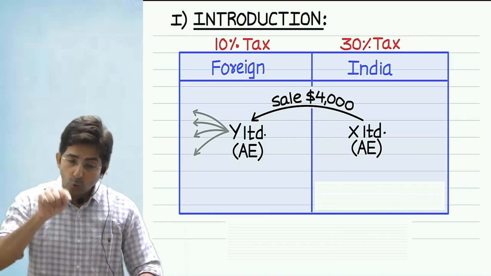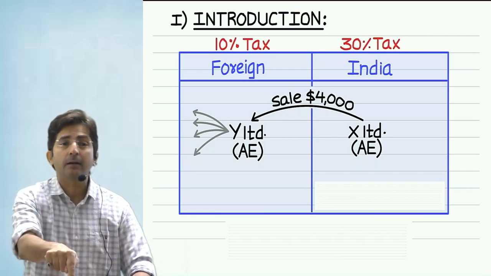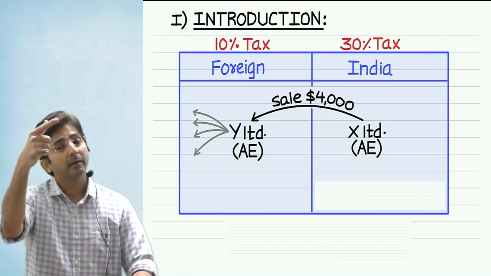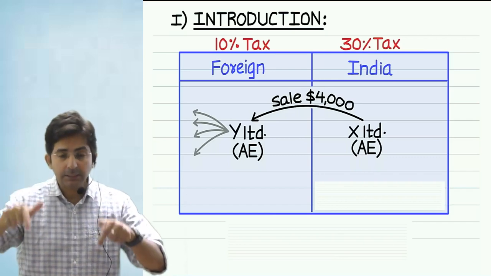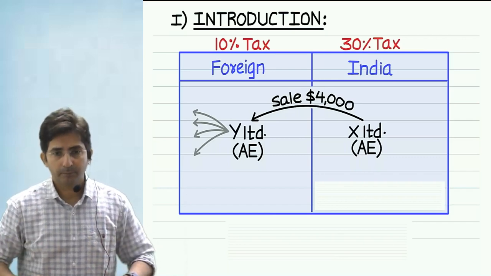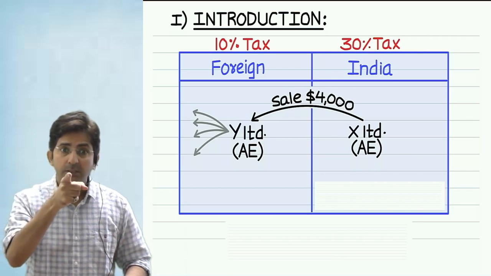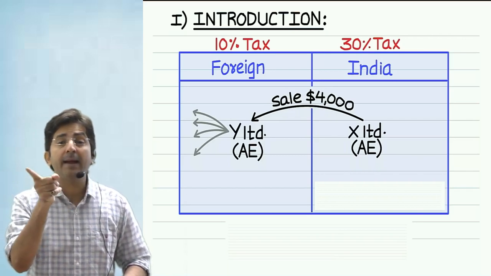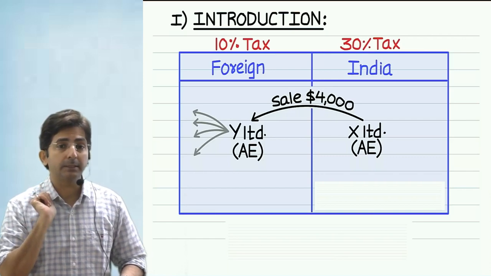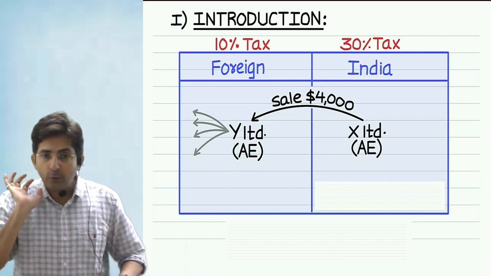And to control such practices of cheating done by multinational companies, this chapter has taken birth. The whole purpose of this chapter is to catch the cheating done by multinational companies. So you know now what I need to explain?